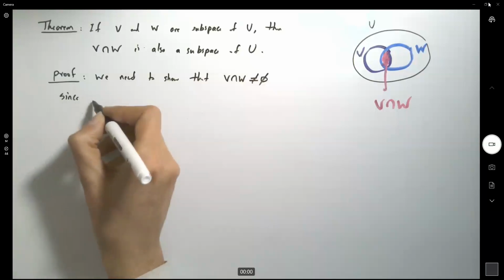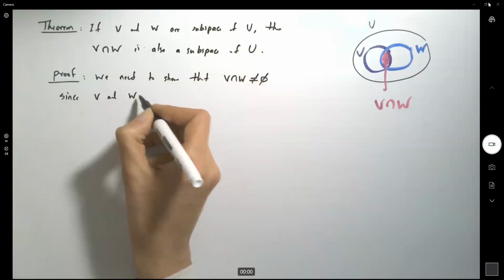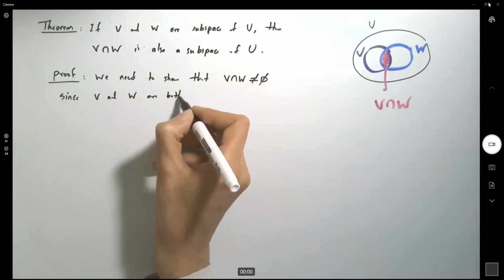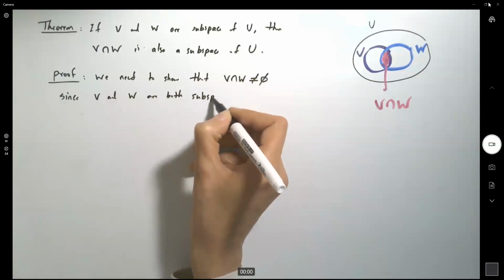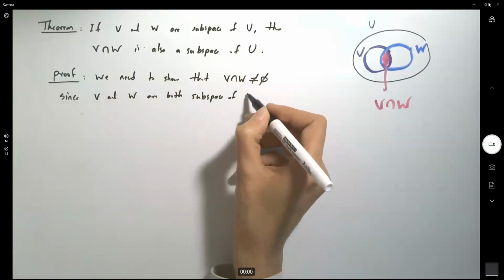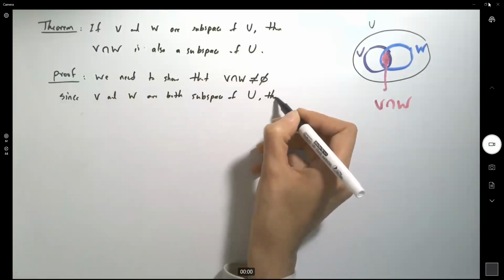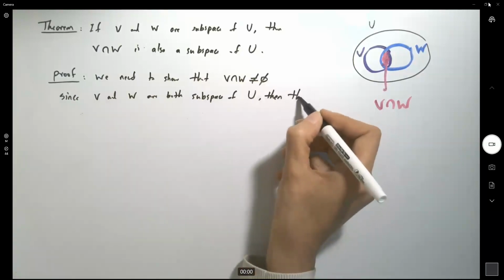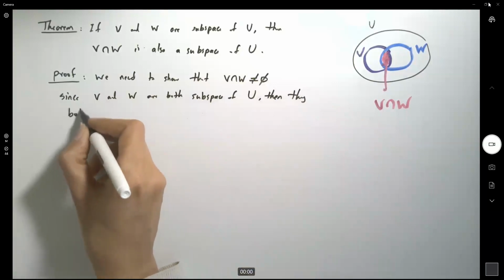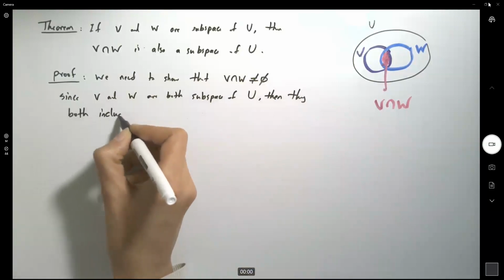Since V and W are both subspaces of U, they both include the zero vector.